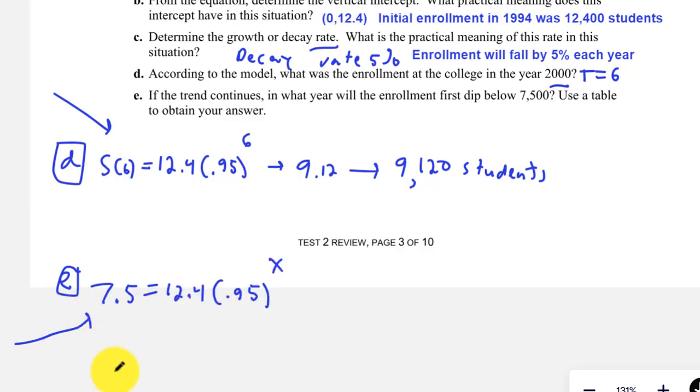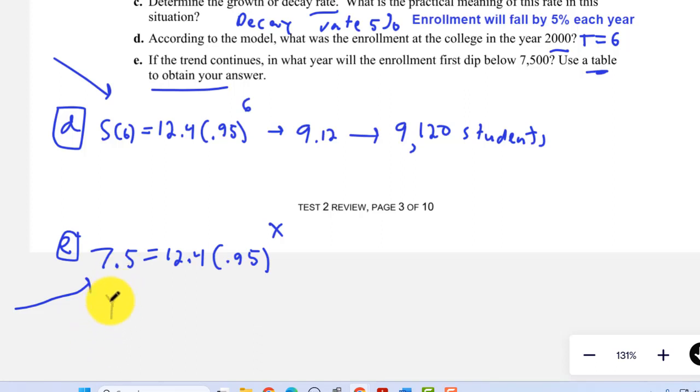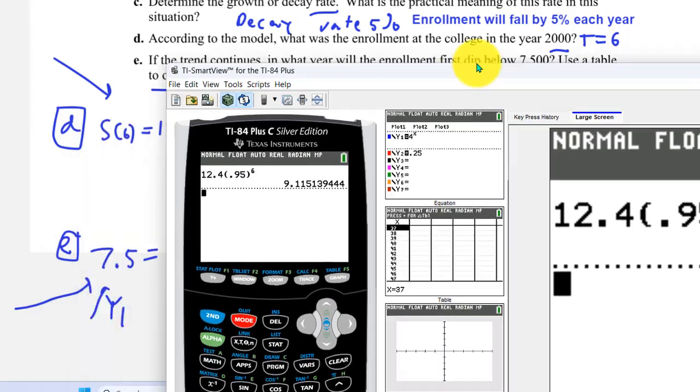So this is the equation you'd have to solve for x. So you could graph both sides and get the intersection to get the answer. But the review sheet does say use a table to get your answer. Again, I'd prefer to just graph y1 is this, and y2 is the right side of the equal sign, and then get the intersection. But it does say use a table.